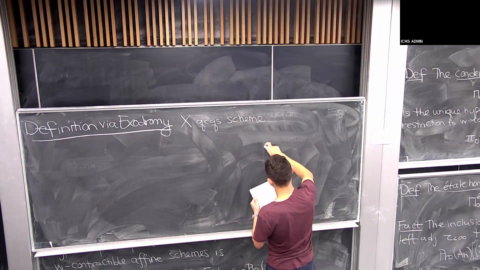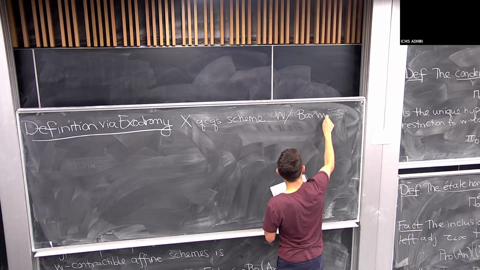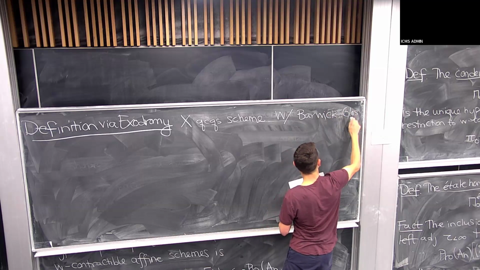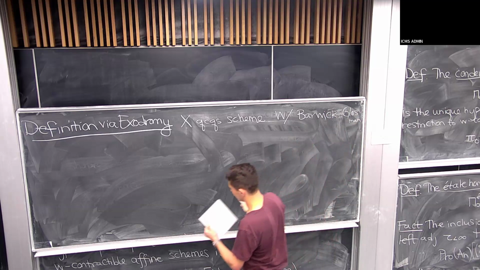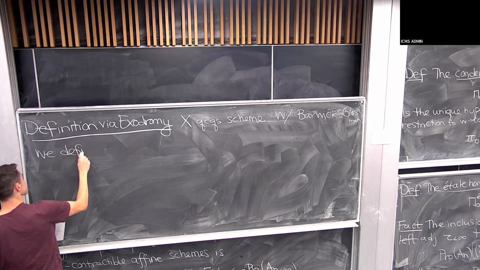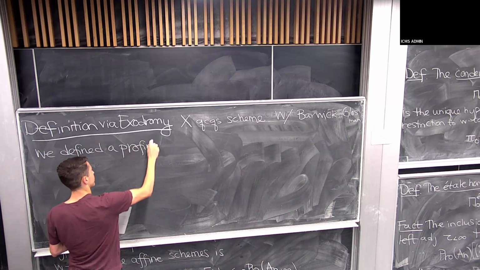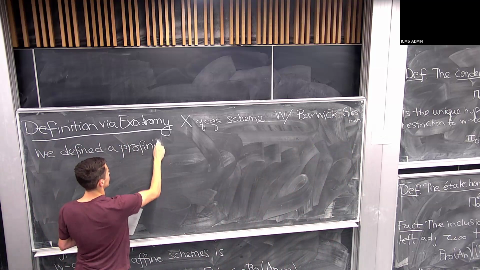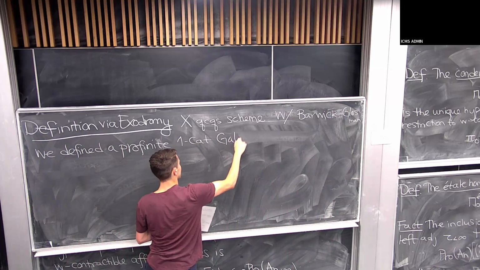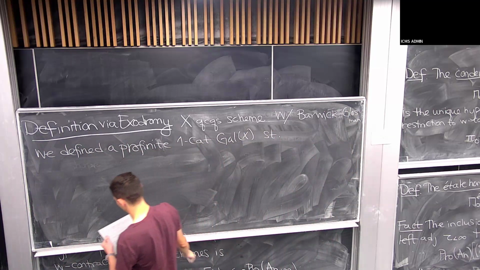So with Clark and Saul, we defined a profinite one-category, this Gal X, such that the following things are true.